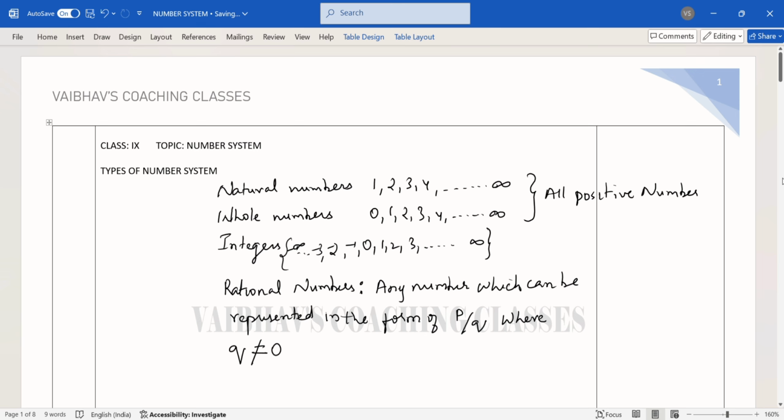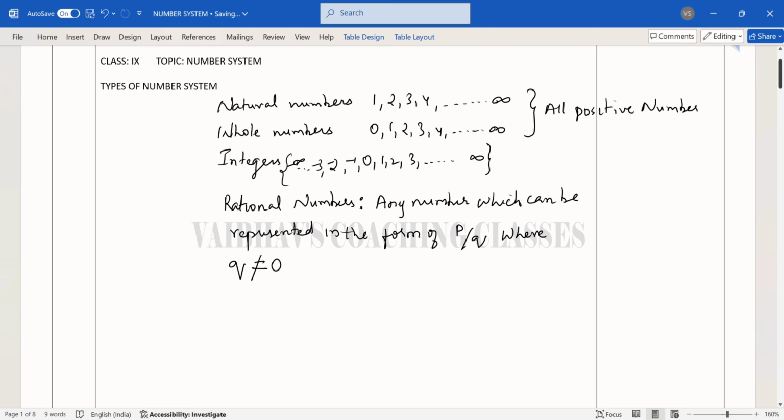So we can say that rational numbers are the numbers which can be written in the form of fractions where the denominator should not be 0. Yes, and next comes the irrational numbers.